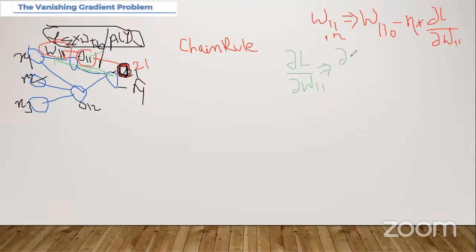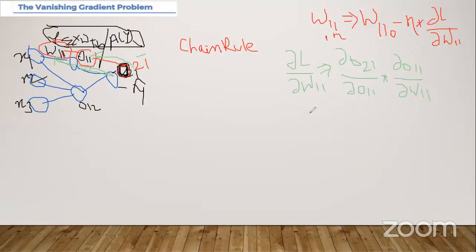So let me write this as derivative of O21 divided by O11, this one, right? First I will go from here to O11, then multiply by the derivative of O11 with respect to W11. This is how it will happen in the chain rule.